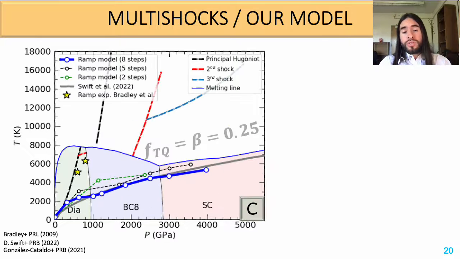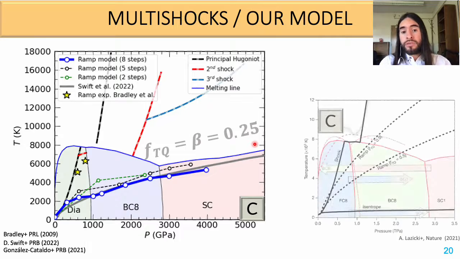What we also did was to compare the predictions of our model with a recently proposed model by Damien Swift et al. in PRB that is based on plastic work heating, and our predictions agree with them if we assume a Taylor-Quinney factor of 0.25.